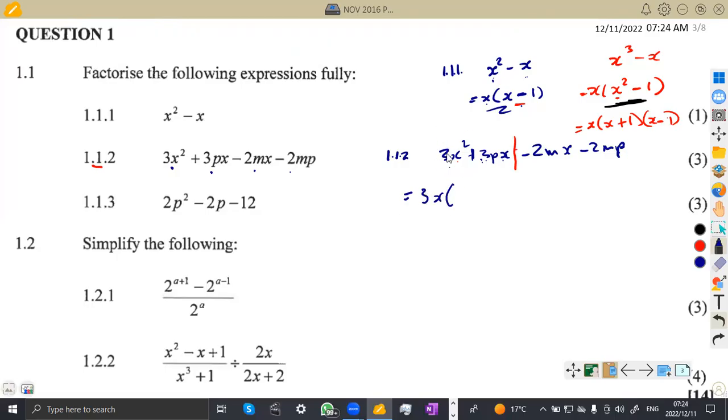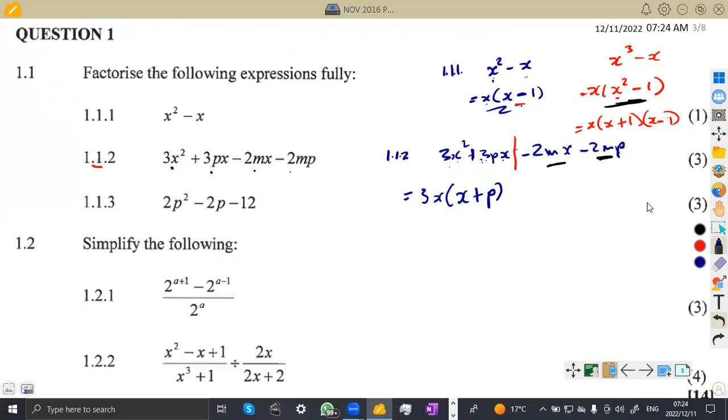So if we divide 3x squared by 3x, 3 and 3 cancel, x squared and x, that's x, plus 3px divided by 3x, 3 and 3 cancel, x and x cancel, you remain with p. All right, what you're supposed to do is to factor out the highest common factor between these 2 terms, so that you obtain this bracket of x plus p.